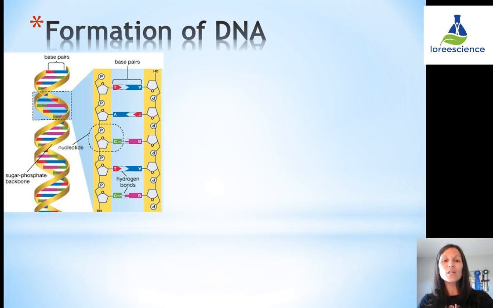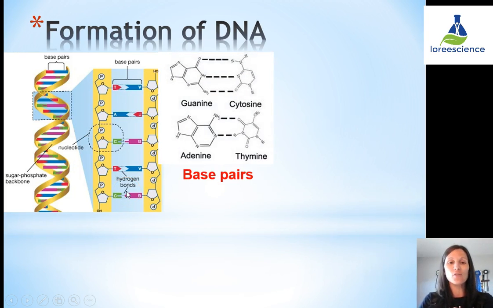So then how do we actually get to DNA? These phosphodiester bonds form a sugar phosphate backbone. The nitrogenous bases then stick out the side. They are held together via hydrogen bonds. Now there's a specific way that they have to go together. In terms of DNA, guanine will always partner up with cytosine, and these are through hydrogen bonds. Guanine and cytosine will always form 3 hydrogen bonds between them.